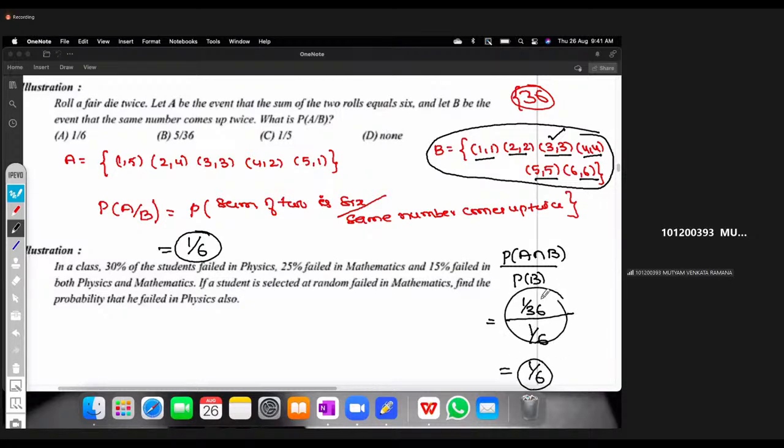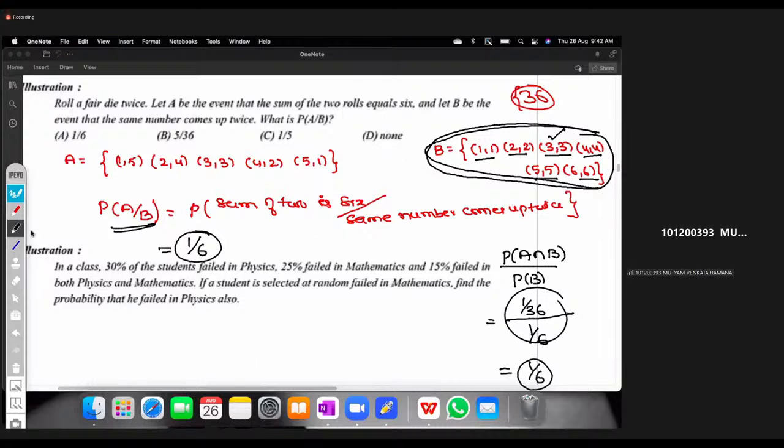Instead of taking all the sample space, you can restrict yourself and go ahead with this one. Is it clear comparatively? Is it okay?